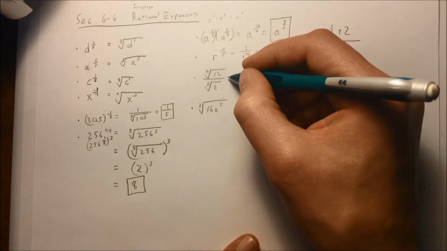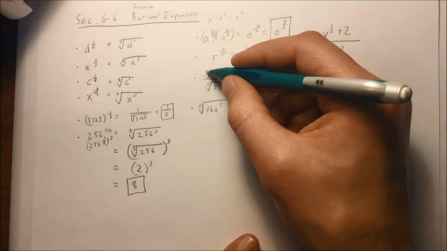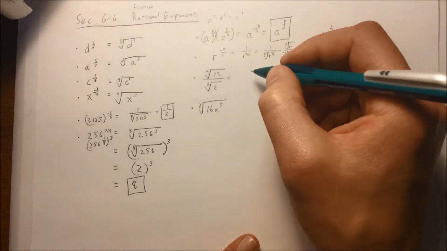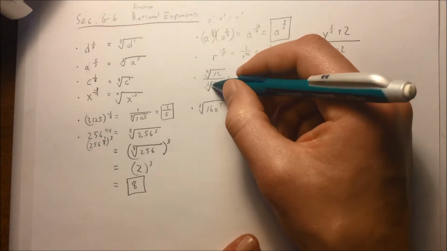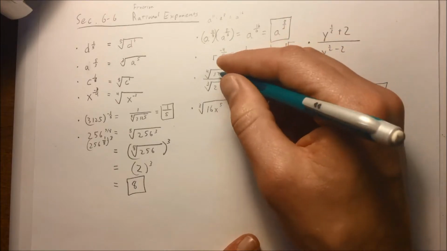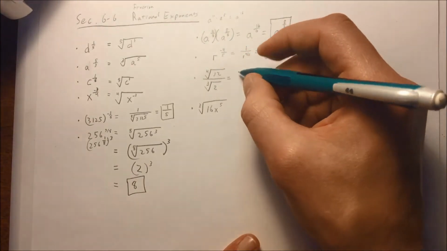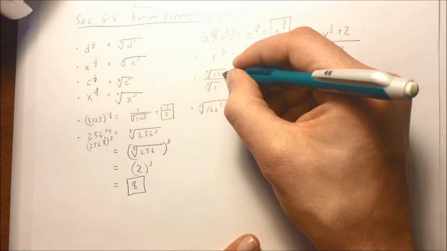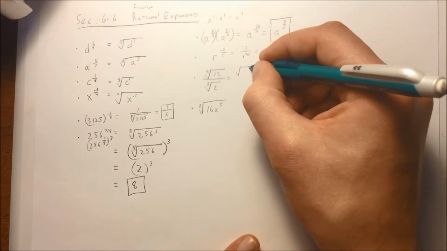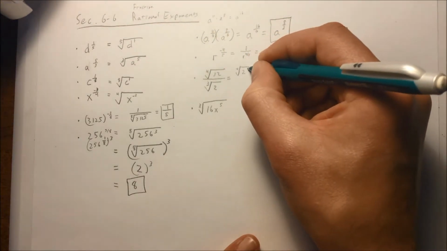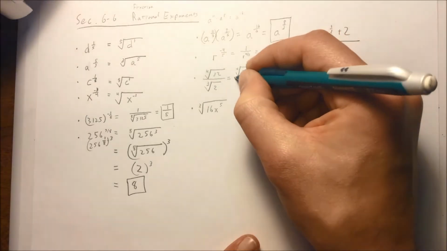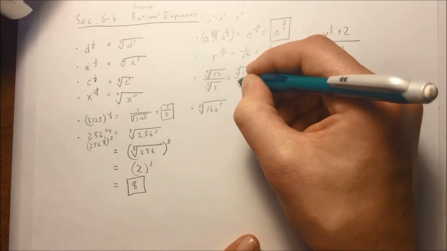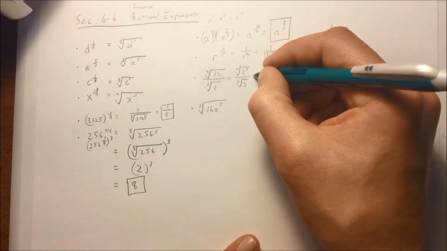Looking at this one, the fourth root of 32 divided by the third root of 2. Well, let's simplify this, shall we? I can rewrite this as the fourth root of 2 to the fifth power. This is just the cubic root of 2.